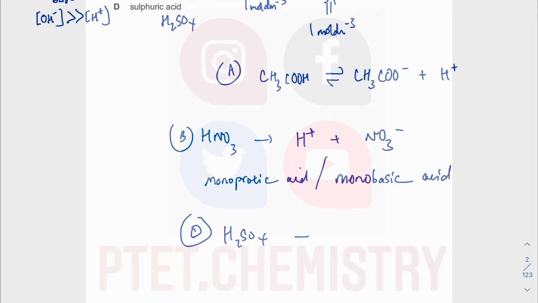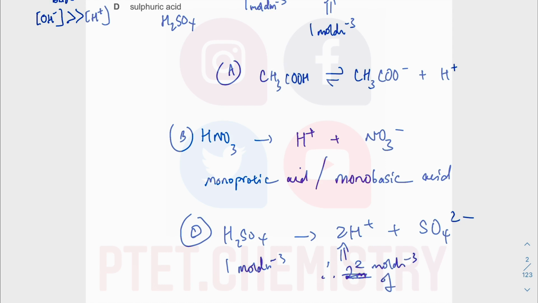Option D is sulfuric acid. You can think about it being like that. In reality, it does not dissociate all in one go. It dissociates to give you the H plus first, and then it dissociates a second time, alright? But I'm just showing you that altogether, it can give you 2 of that H plus. So if you have 1 mole per dm cube of this, because of the 2, you have 2 mole per dm cube of H plus.